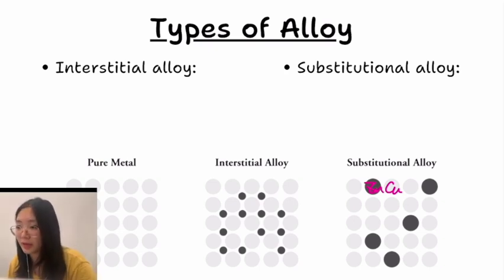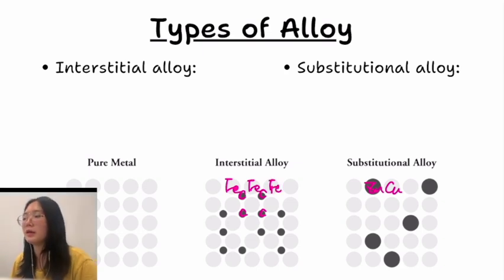So it's substitutional alloy. On the other hand, let's say in steel, the carbon is so much smaller compared to iron. So in the lattice structure of the iron cations, there is tiny space in between the ions because they are not square, they are not cubes. They're round, they're spherical.